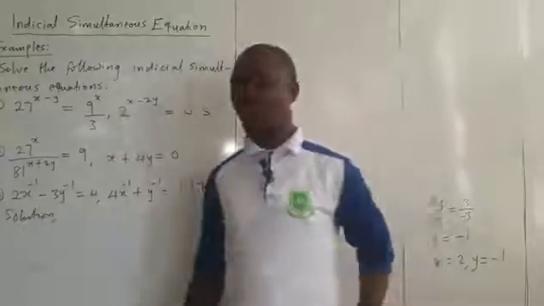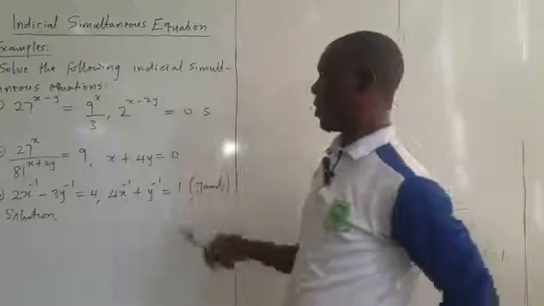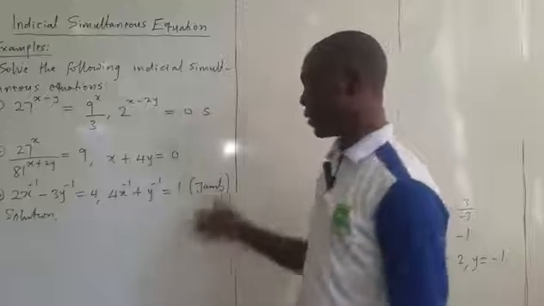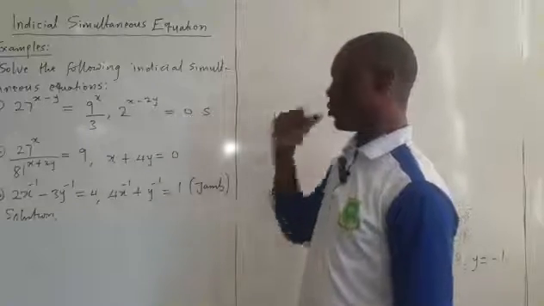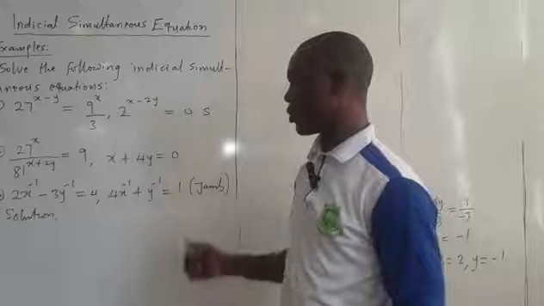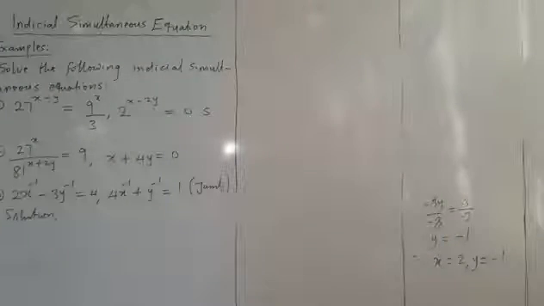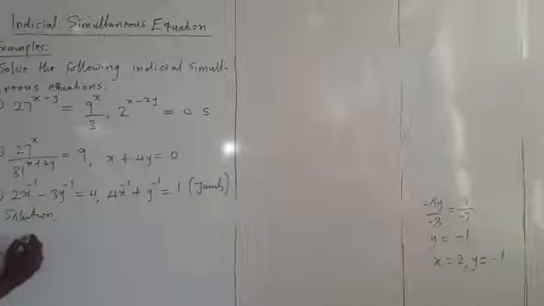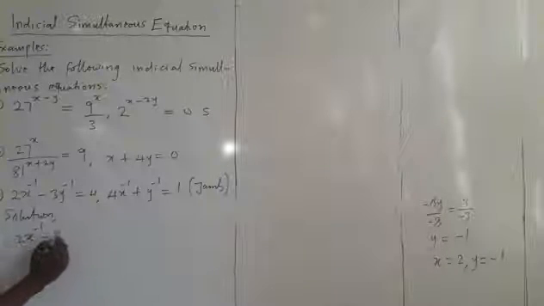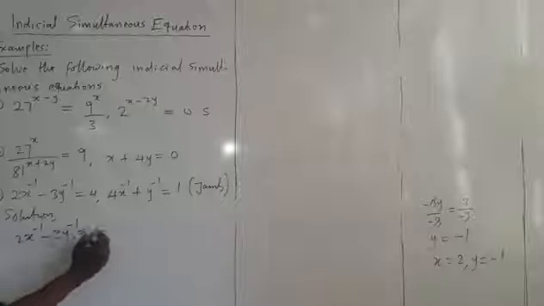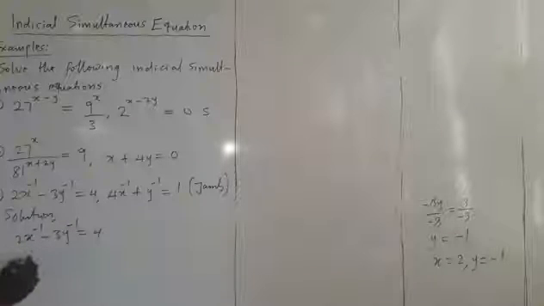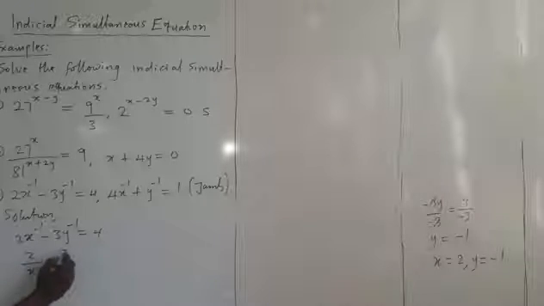So in example 3, I've told you we have many ways of solving this type of problem. The first method I used was the elimination method. You can as well use the substitution method. So here we have the equation 2x raised to power minus 1 minus 3y raised to power minus 1 equals 4, which becomes 2 over x minus 3 over y equals 4.